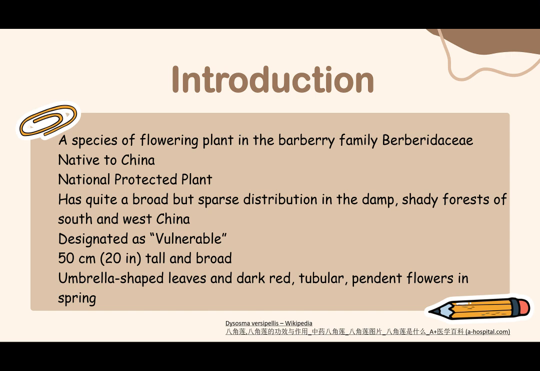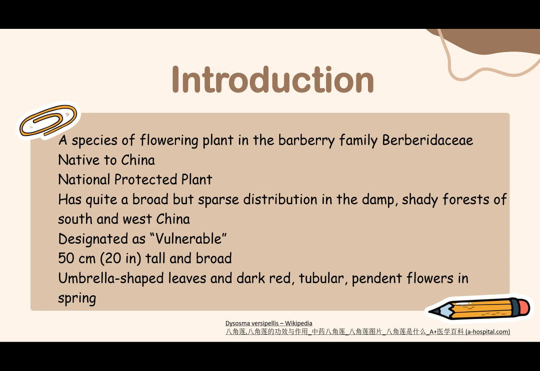DV has quite a broad but sparse distribution in the dense shady forests of South and West China. So, although DV has a broad distribution, it is really sparse. You can find DV in an extended area in China, but the amount of DV is diminished, and it is not really a lot.